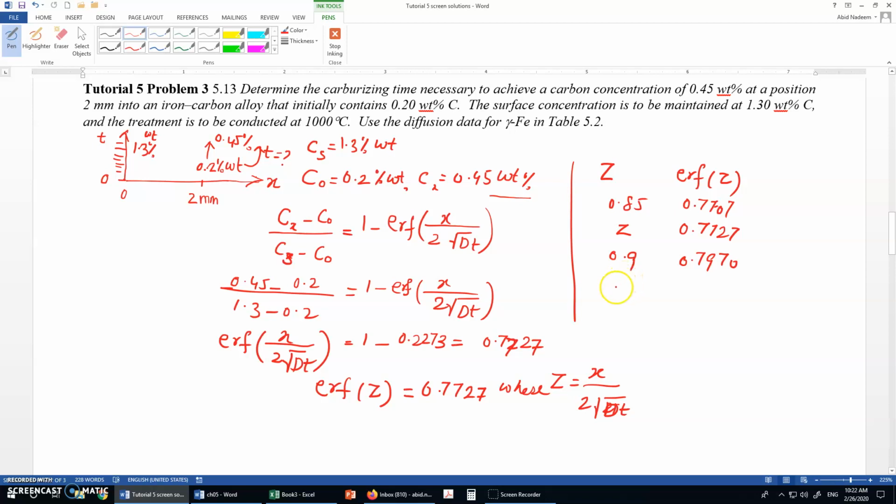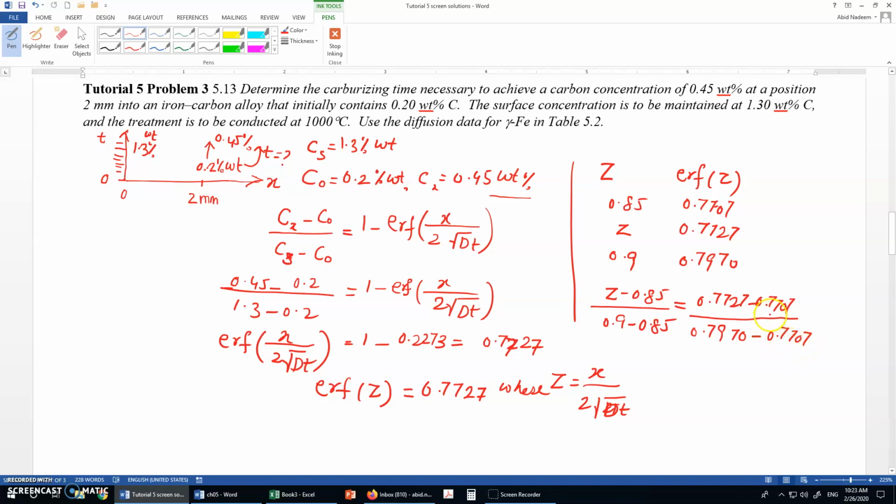This can be calculated by linear interpolation. For this you take the difference of z with 0.85, z minus 0.85, and divide this by 0.9 minus 0.85, and then similarly you take 0.7727 minus 0.7707, divided by 0.7970 minus 0.7707.